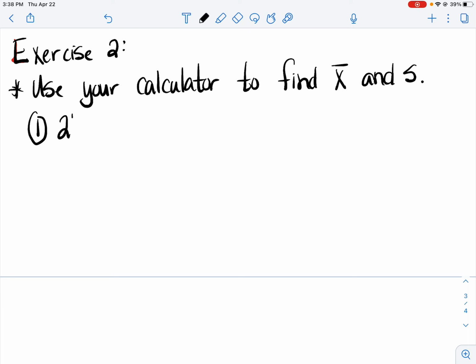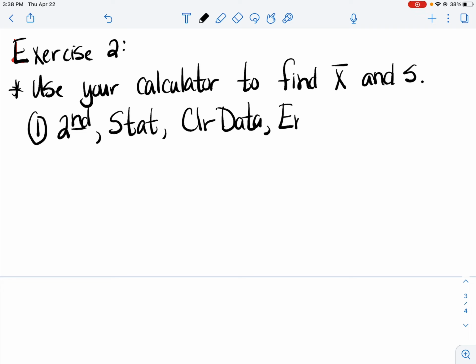Remember on your calculator, the first thing you do is go to Second, Stat, clear your data out first. If you don't clear your data out, it can mess up your values, and hit Enter.